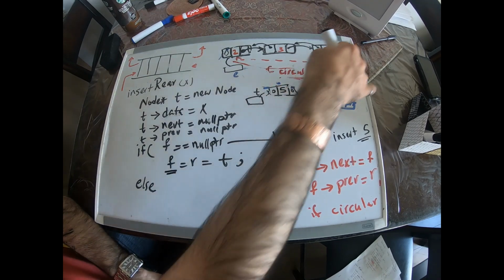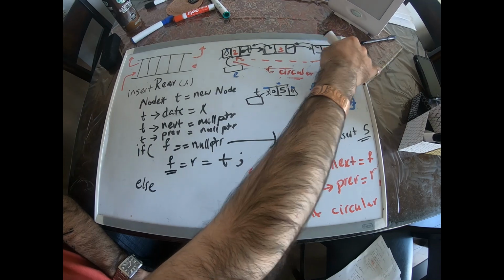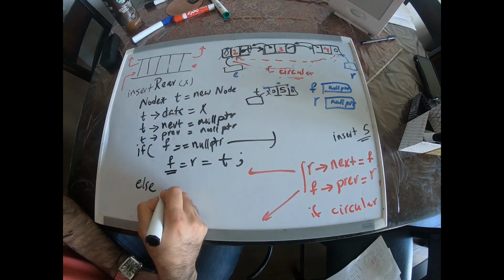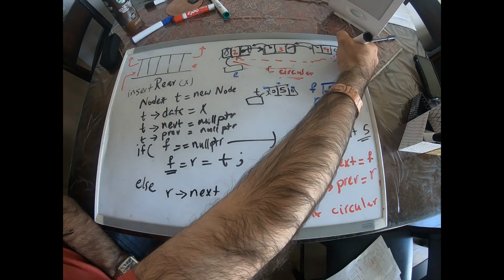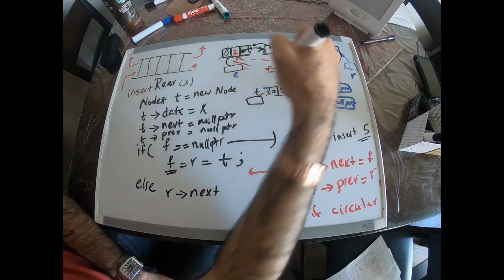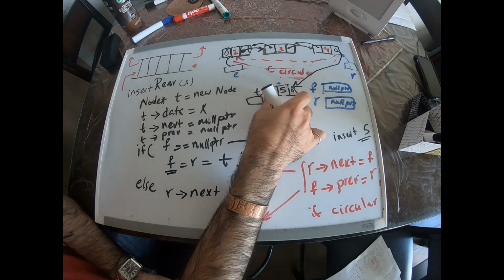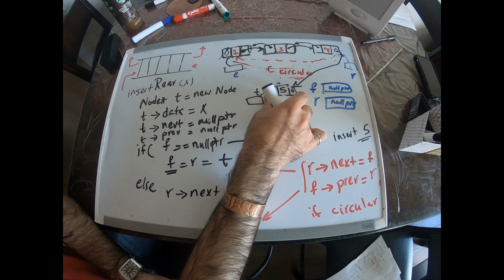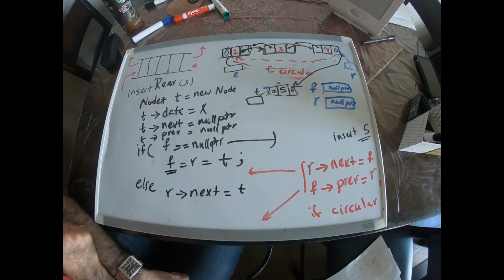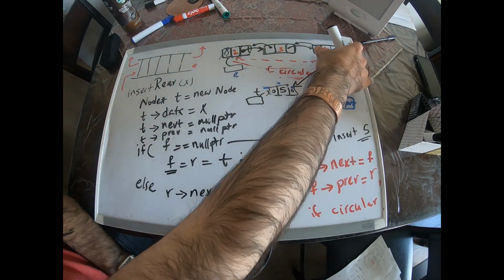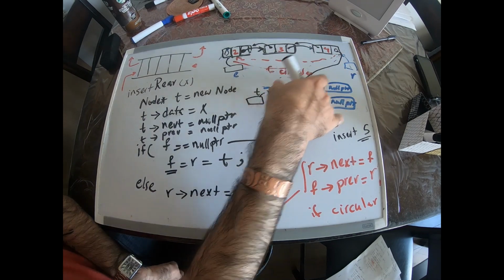Now what I have to do, first make sure that R arrow next, which is this one, I wanna make it point to this new node because now this is gonna be the rear of the list. So R arrow next is equal to T, right? So we made one link between these two nodes.